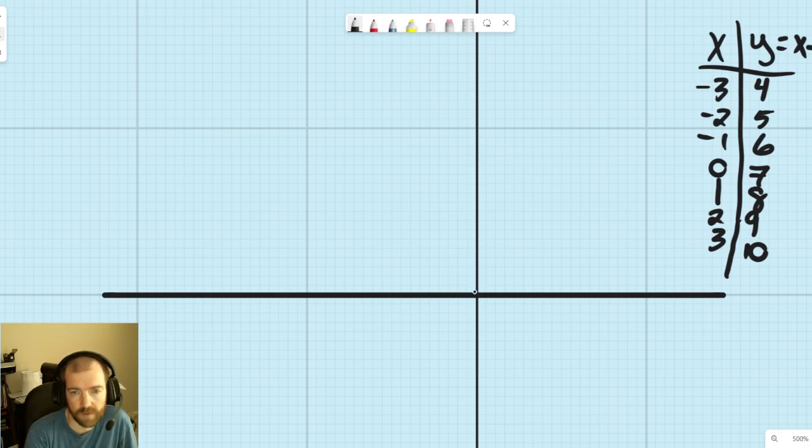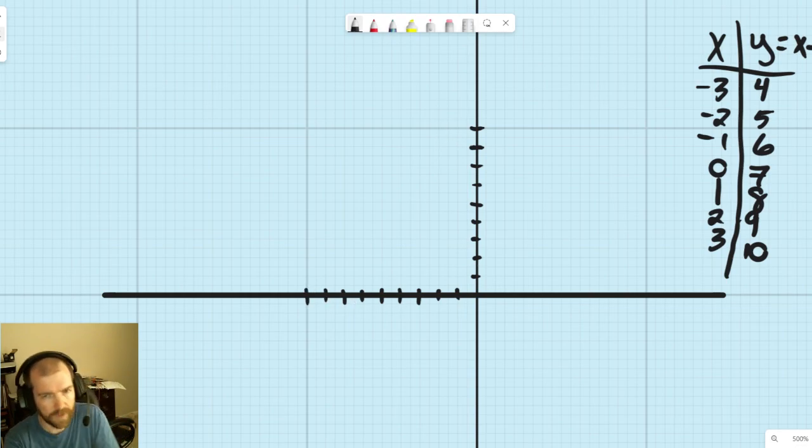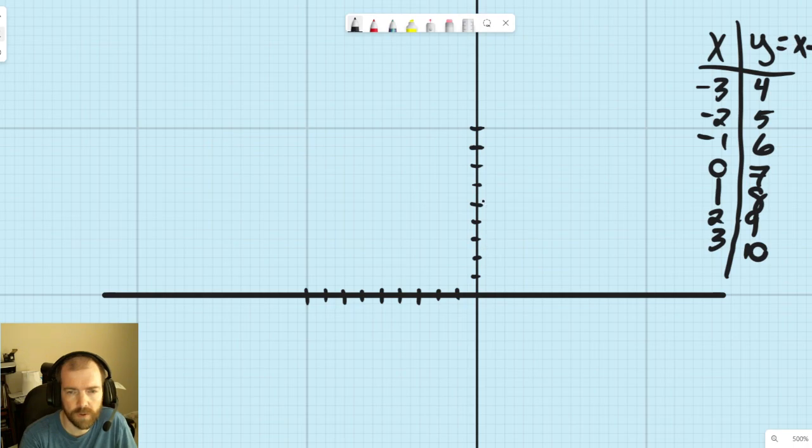All right, so if we count every 2 as a point, or as our whole values, we got 1, 2, 3, 4, 5.